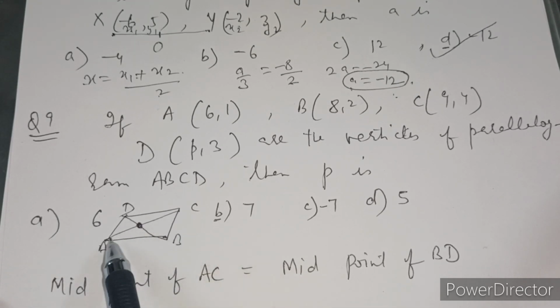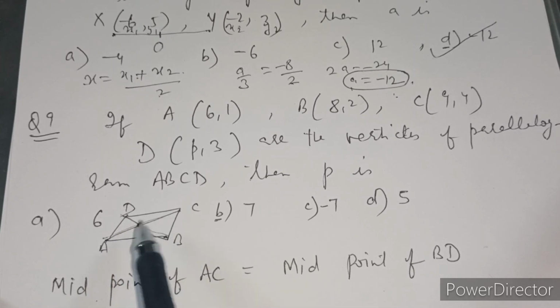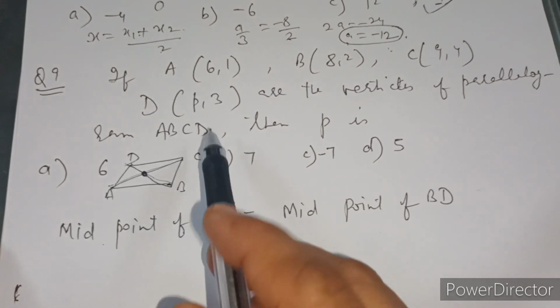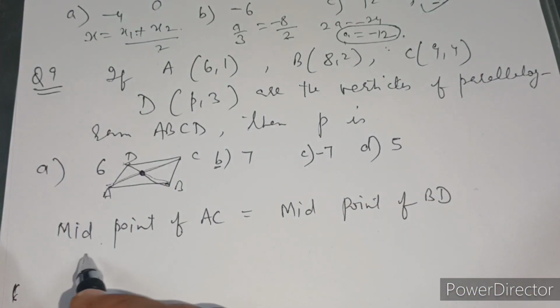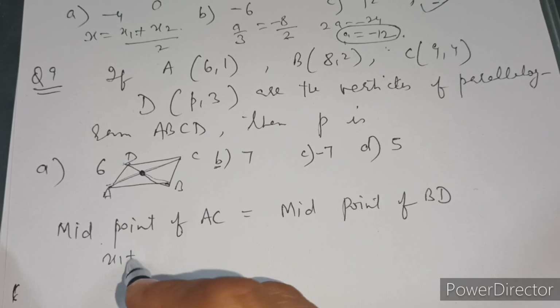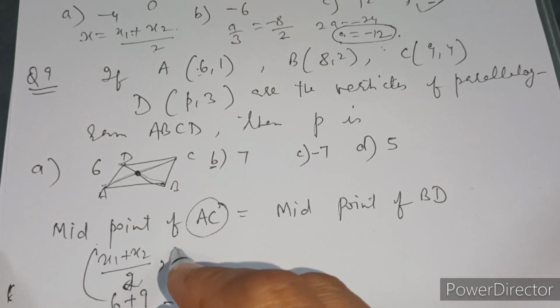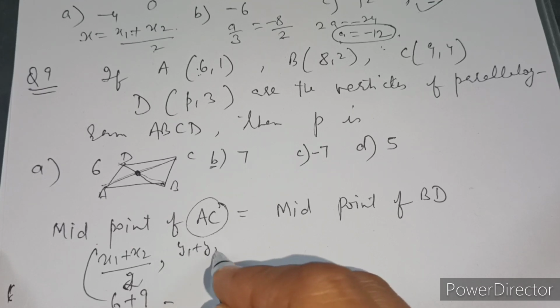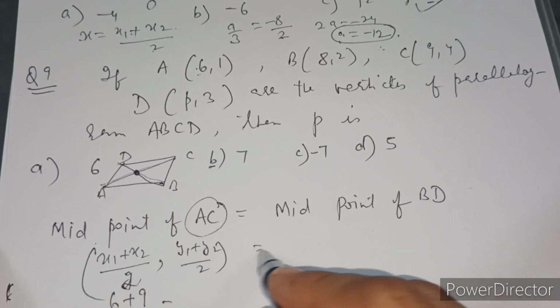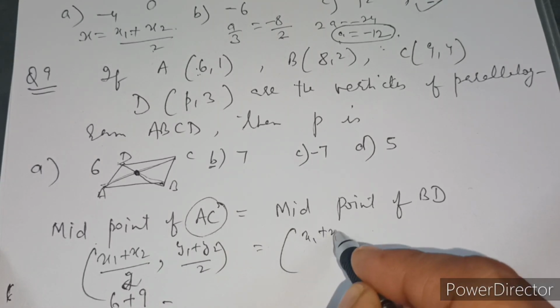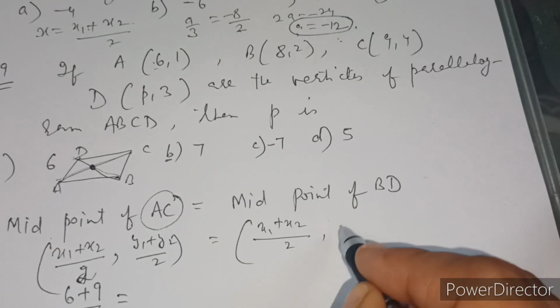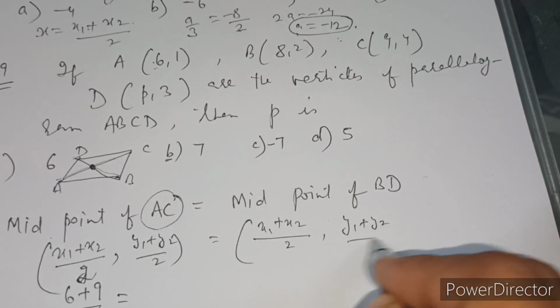So which formula are we going to use here? That the midpoint of AC is nothing but the midpoint of BD. Coordinates of A, B, C, D all are there. Midpoint of AC means (x1 plus x2) upon 2. Both parts we can combine together for AC, and this side for BD. In this way we will get the missing part.